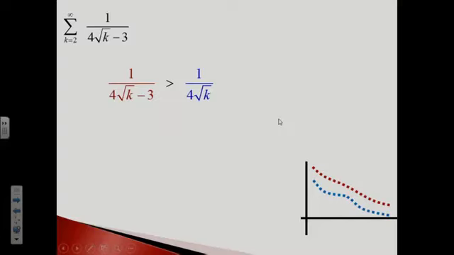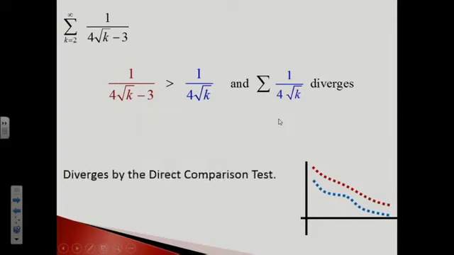So the given series dominates the divergent p-series sigma 1 divided by 4 square root of k. This series is divergent because p equals 1/2, which is less than 1. So the direct comparison test tells us the given series must diverge.